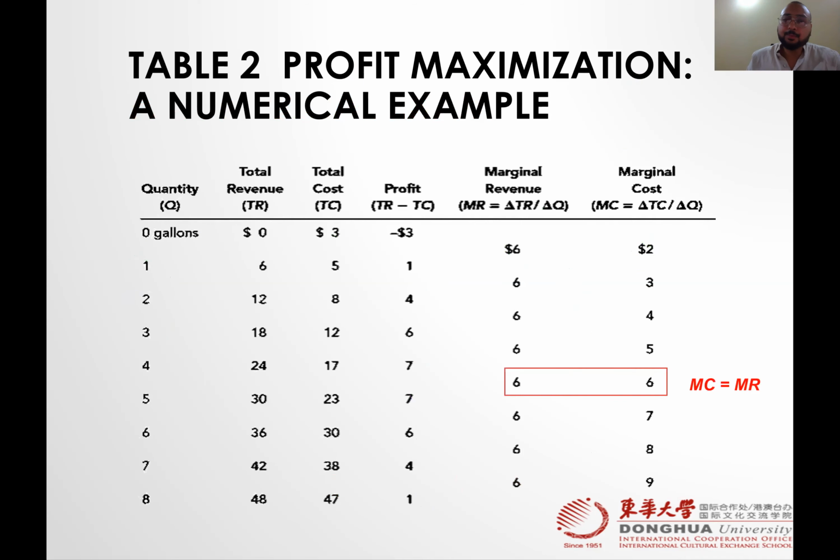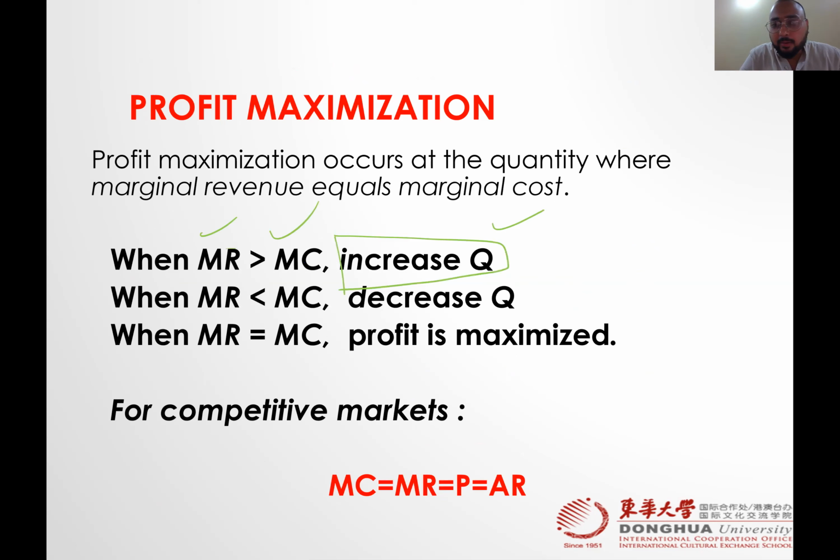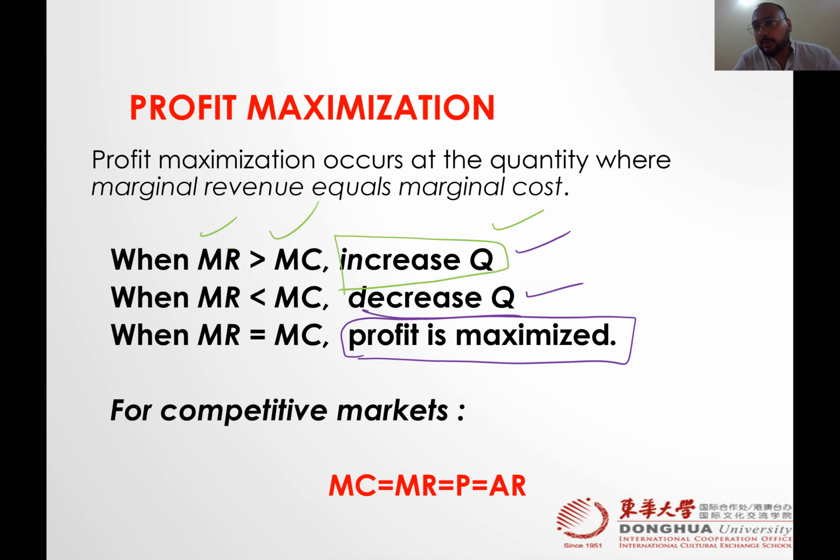Here we go. If MR greater than MC, increase the quantity, increase production. When MR is less than MC, decrease production. And when MR is equal to MC, that is your goal, maximize profit.